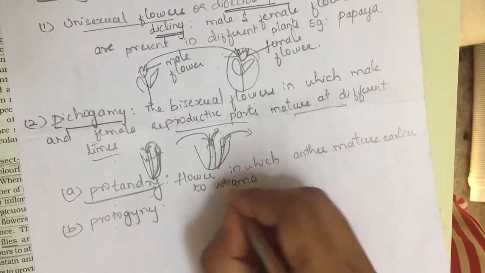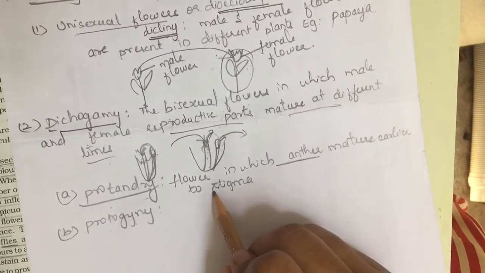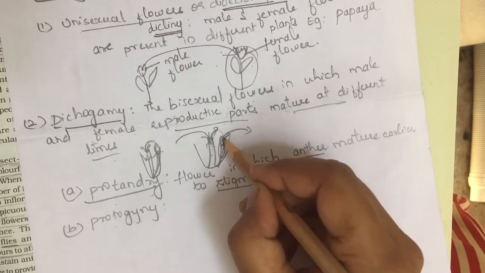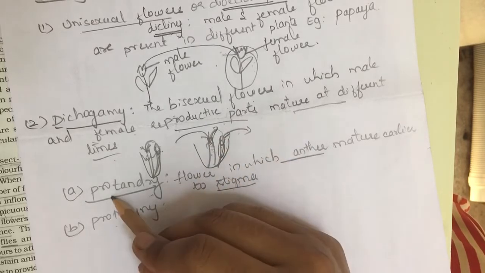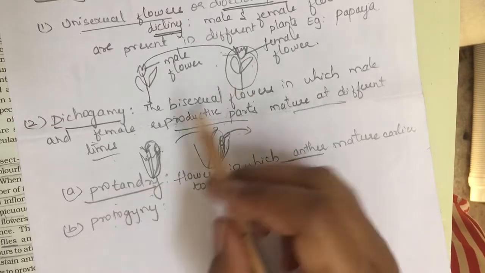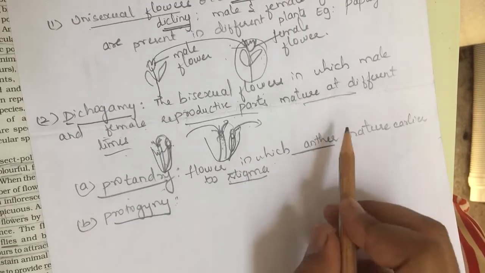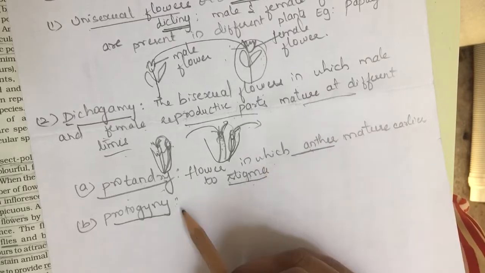Which means the anther gets matured first, and there is production of pollen grains, but the stigma is not yet matured. Because the anther is matured first, it is called protandry; pro means before. Protogyny, hope you can guess what this is. Protogyny is a flower in which the stigma gets matured earlier than the anther, the reverse of protandry.